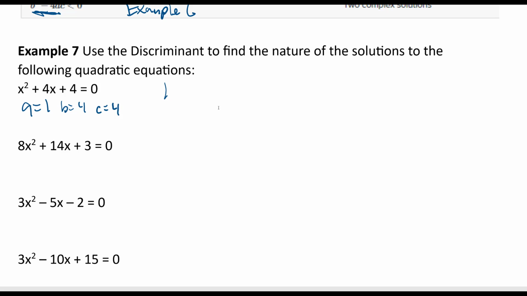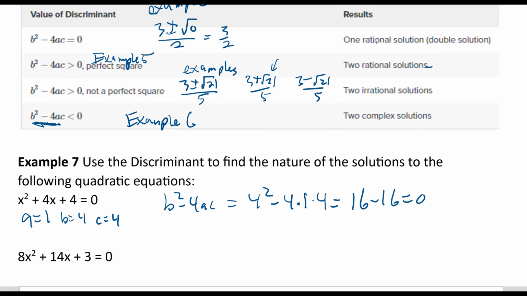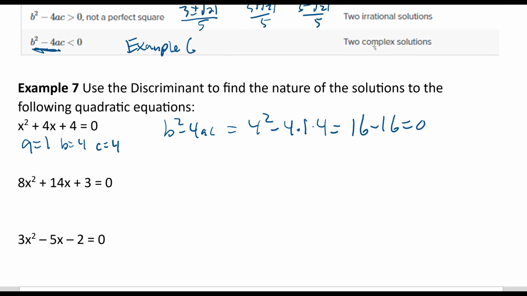So again, we're looking for b squared minus 4ac. What's that going to be? So what do we have here? b squared is 4 squared minus 4 times our a is 1 and our c is 4. So 16 minus 16 is 0. Okay. Being 0, that means we're in the first case that there's one rational solution.